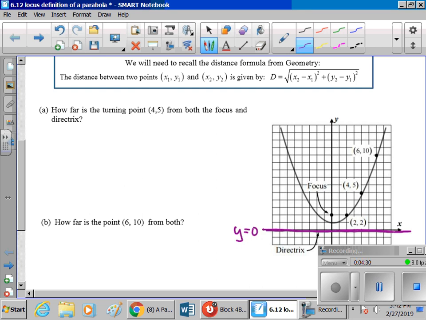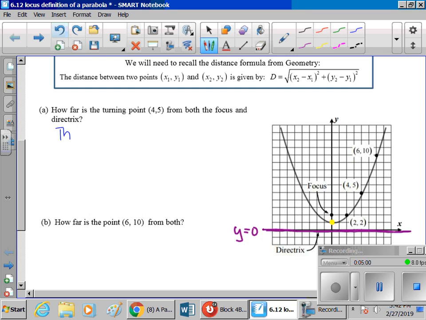A says, how far is the turning point or the vertex from both the focus and the directrix? So our vertex is right here, and you can see how the vertex is 1 unit from the focus and 1 unit from the directrix. So let's write that down.